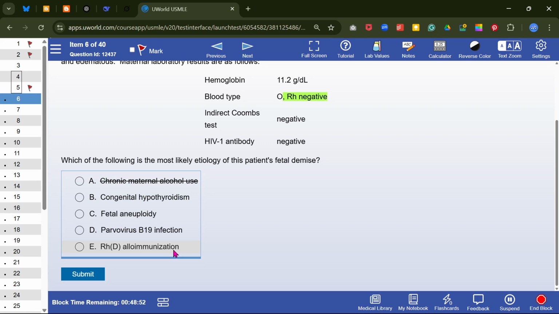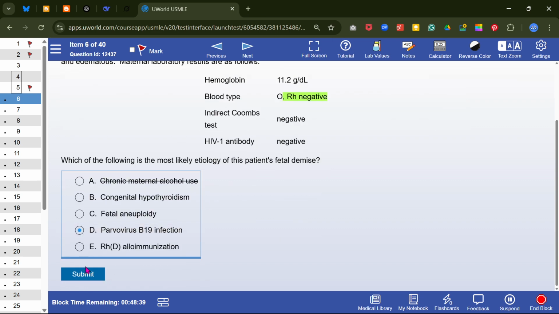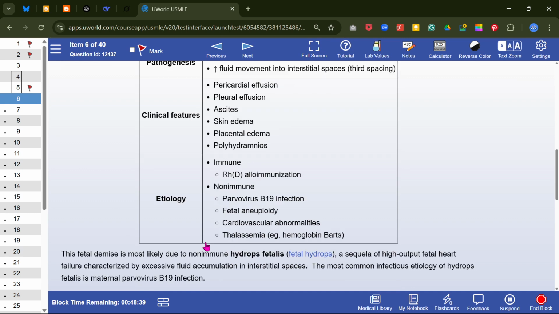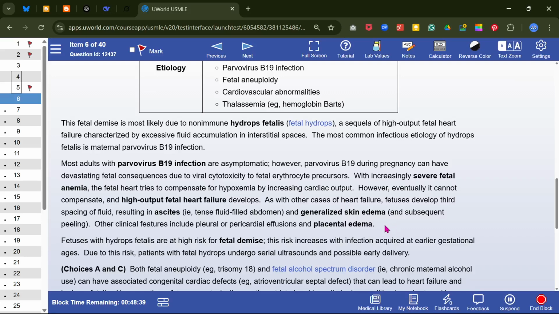But how does this parvovirus B19 cause it? How did she get this hydrops? Okay, I'm reading. I haven't got the source. I know that parvovirus B19 causes hydrops, but how?